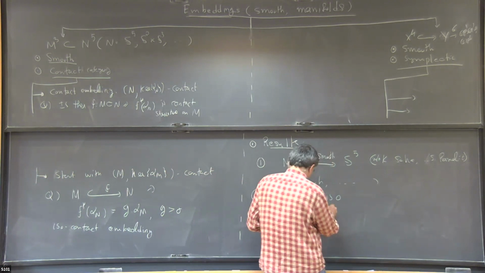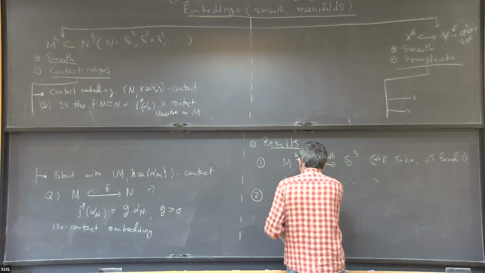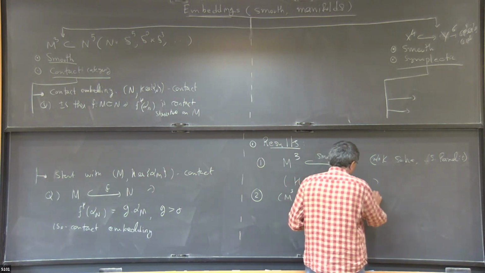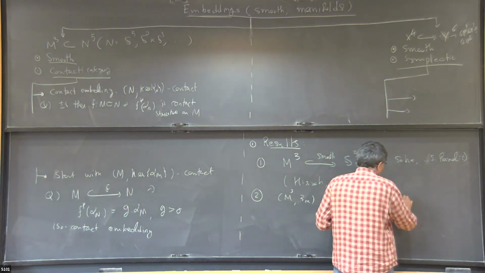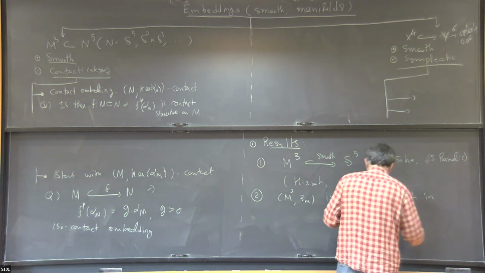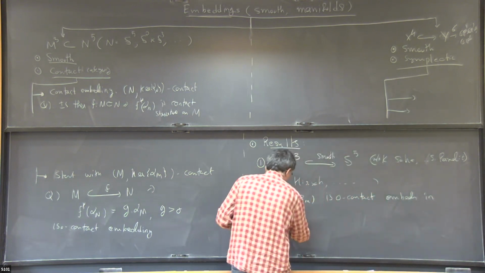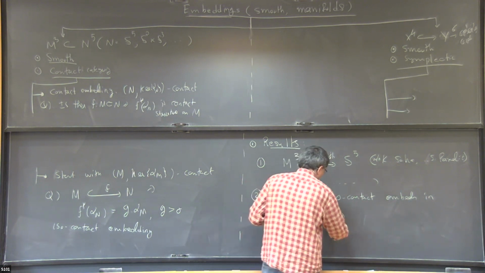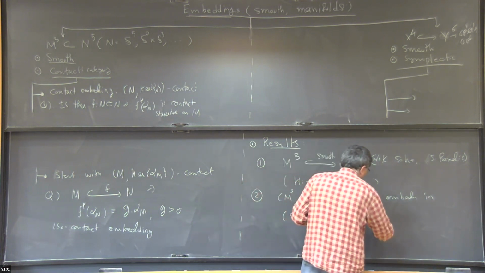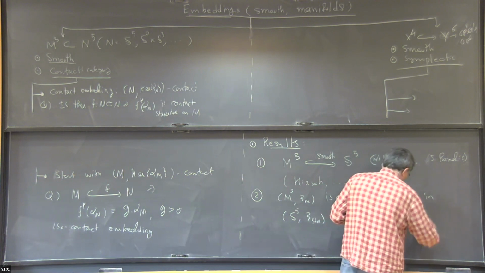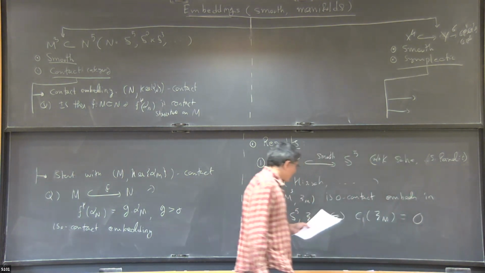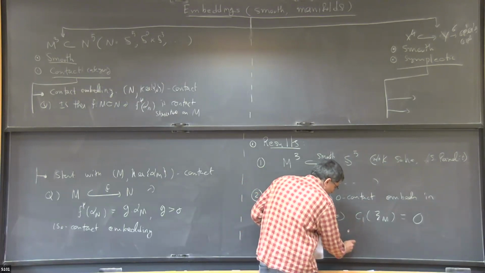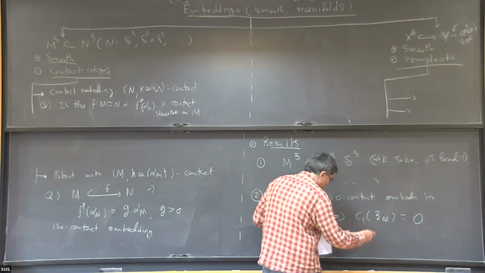So the second result is that this M3 with a contact structure isocontact embeds in S5 only if the first Chern class of this contact structure is 0. And this has actually been proven in two different ways.